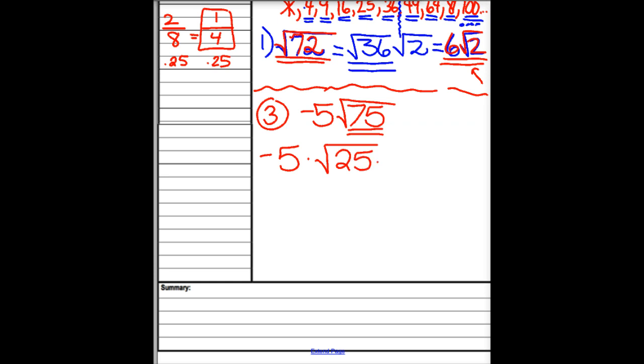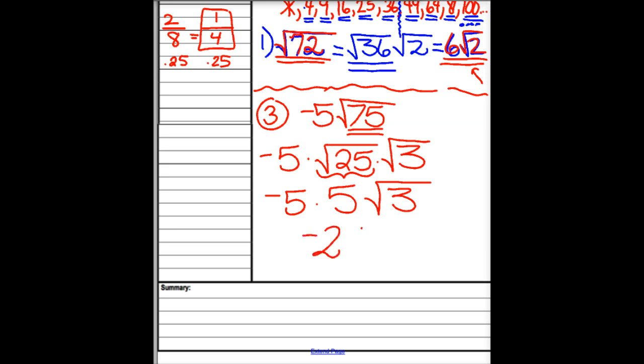Sorry, still have my cold. The negative 5 still hangs around. The square root of 25 is exactly 5. The square root of 3, nobody knows. It goes on forever, never repeats. And our goal is not to go get decimals. There shouldn't be a single decimal this whole chapter. We're just simplifying. Negative 5 times 5 is negative 25, and then I have square root of 3.